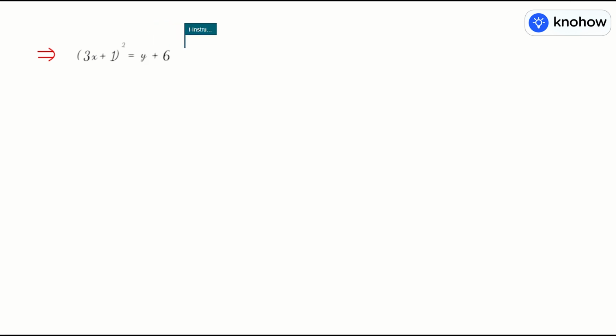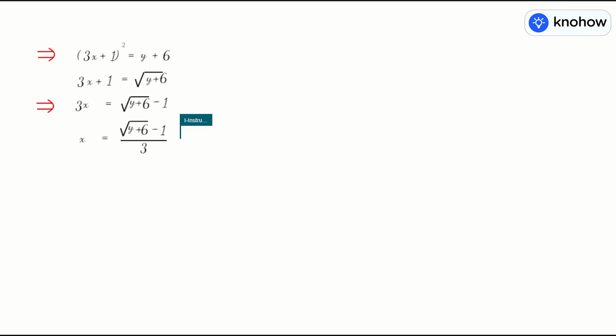And from here you get 3x plus 1 equal to under the root y plus 6, or 3x is equal to under root y plus 6 minus 1, or x is equal to (under root y plus 6 minus 1) by 3.